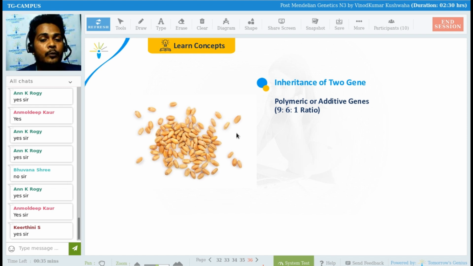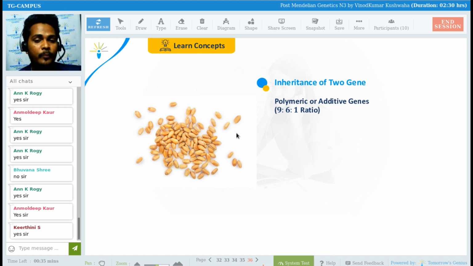That's why it is called the additive gene, additive meaning extra adding, right?